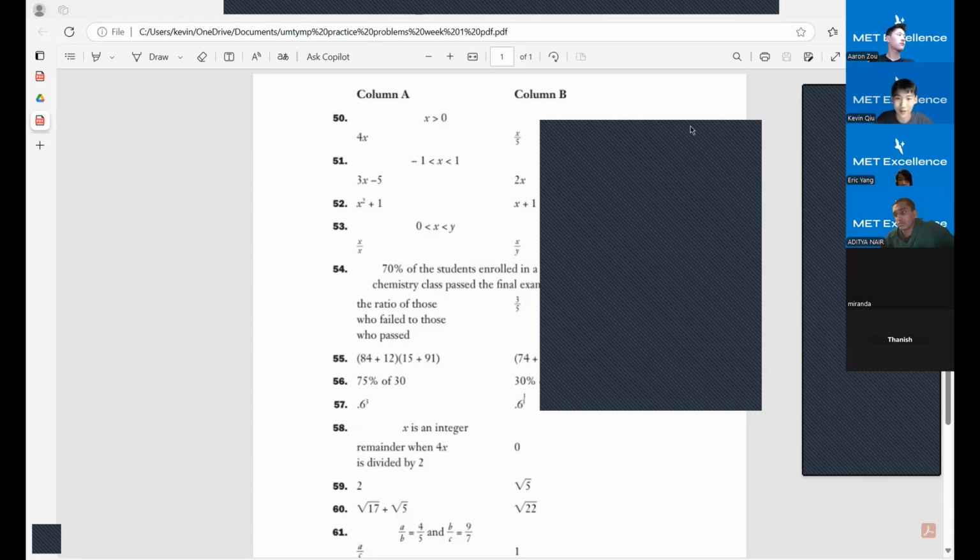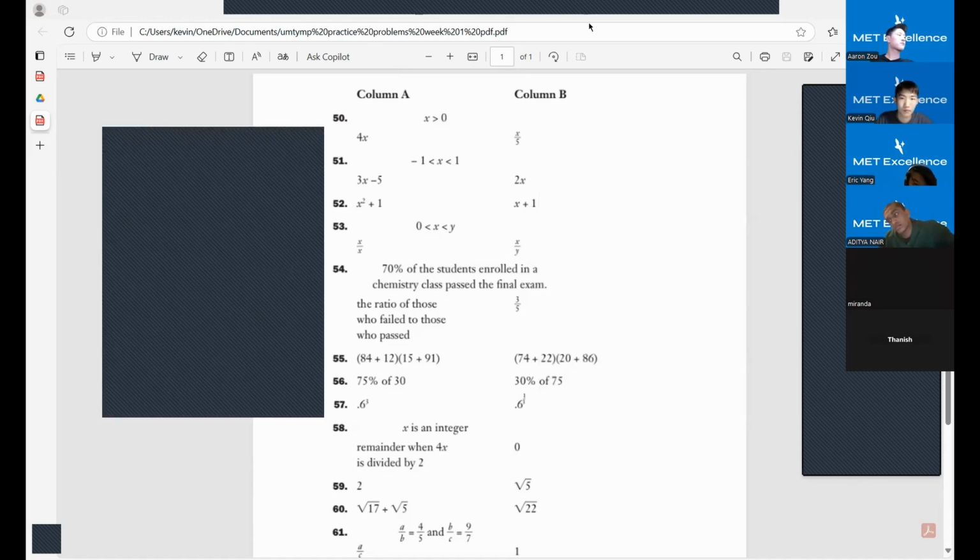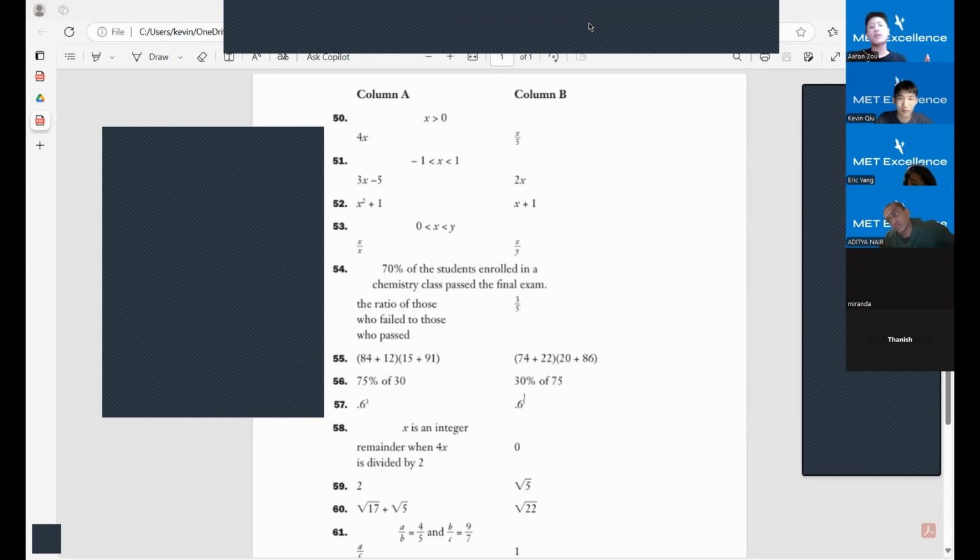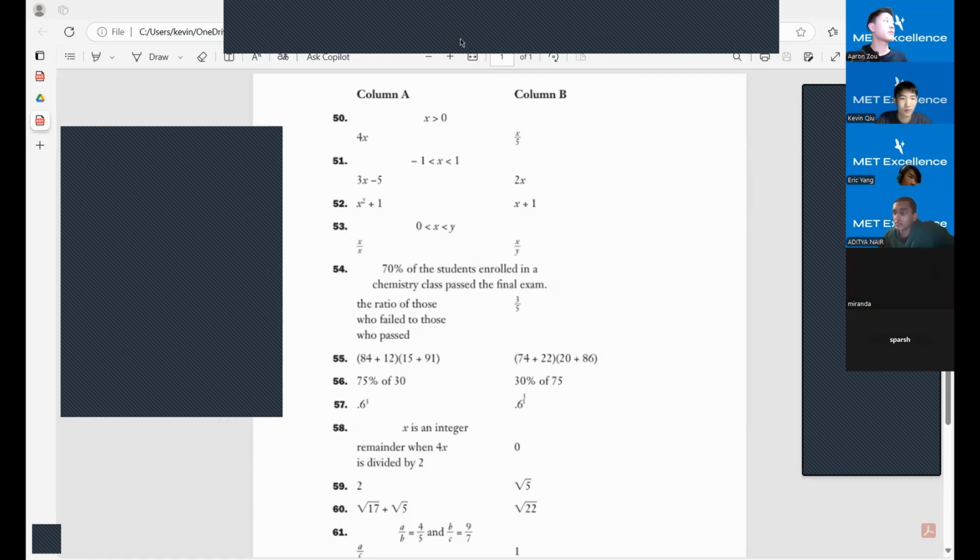Not a lot of answers for this one so far. If you guys need a quick reminder, A, B, C, or D means you have the two columns in the tables, right? Column A and column B. So you put A if quantity A is bigger, B if quantity B is bigger, C if they're the same, like they're equal, and D if you cannot determine it from the information given.